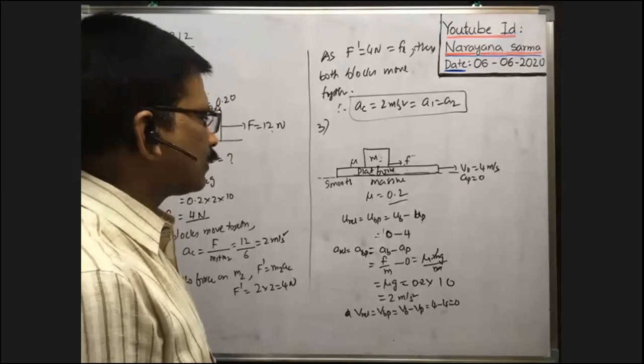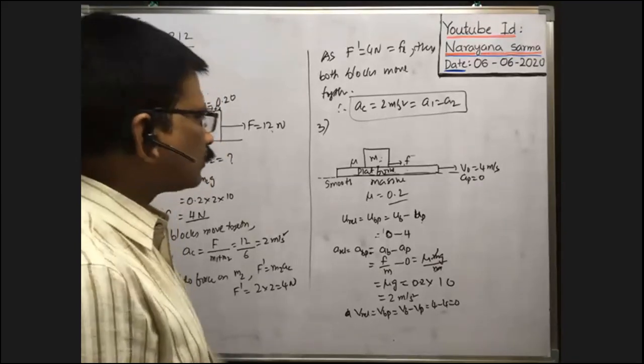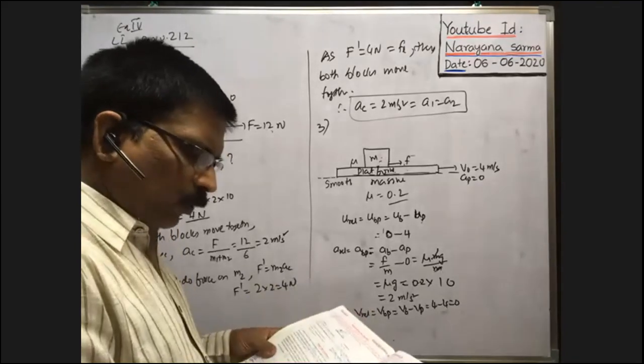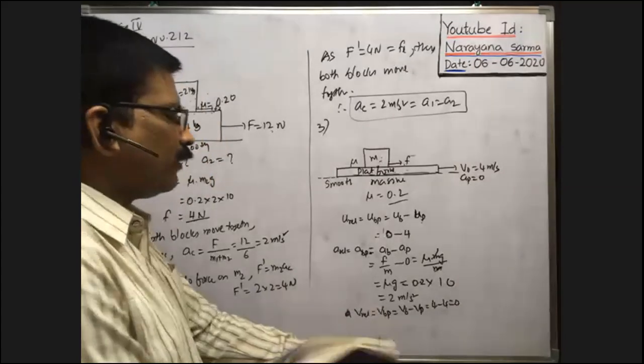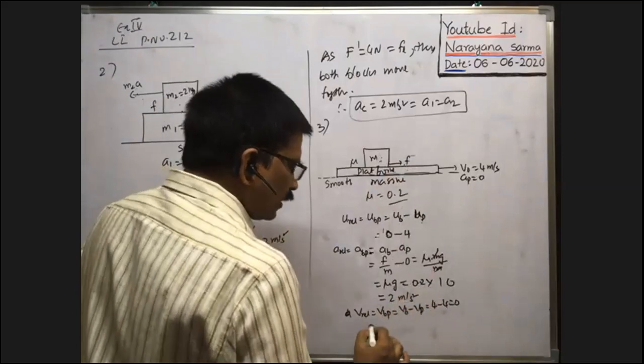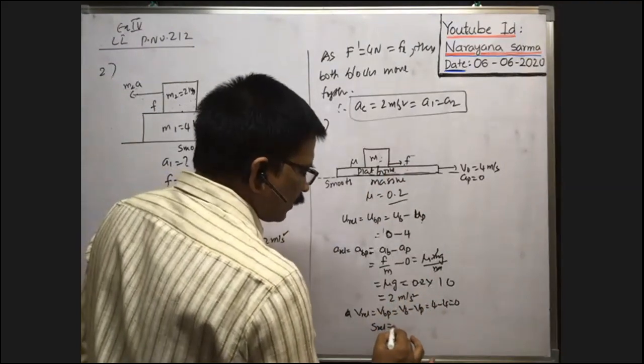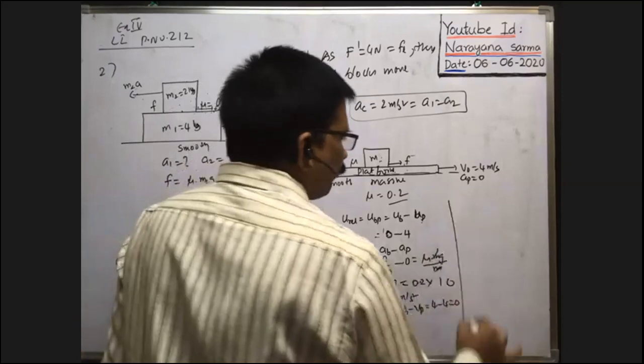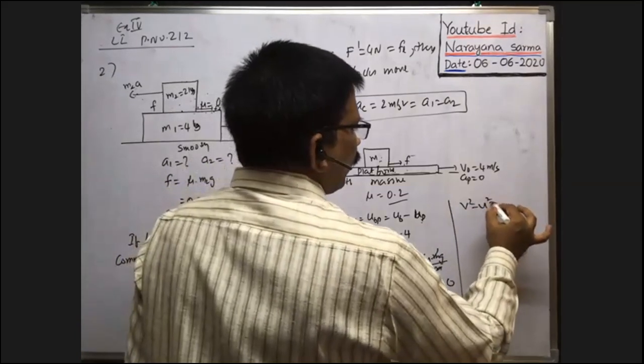So in that case, they asked what is the distance traveled? Before this block acquires this much velocity, what is the distance traveled? Relative distance s is equal to question mark. From v square minus u square is equal to 2as.